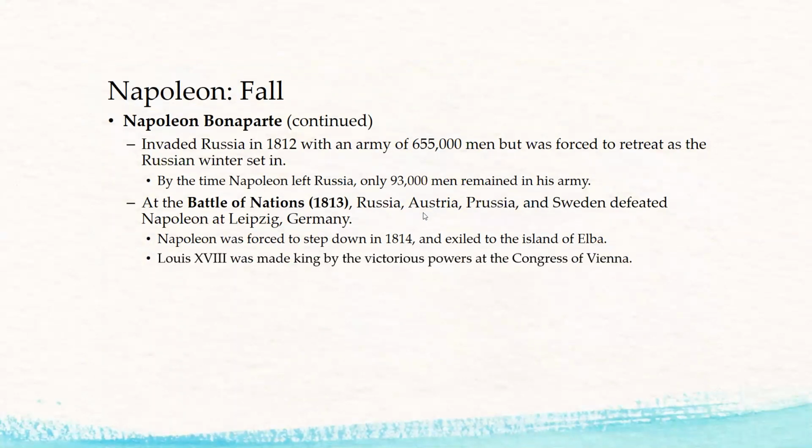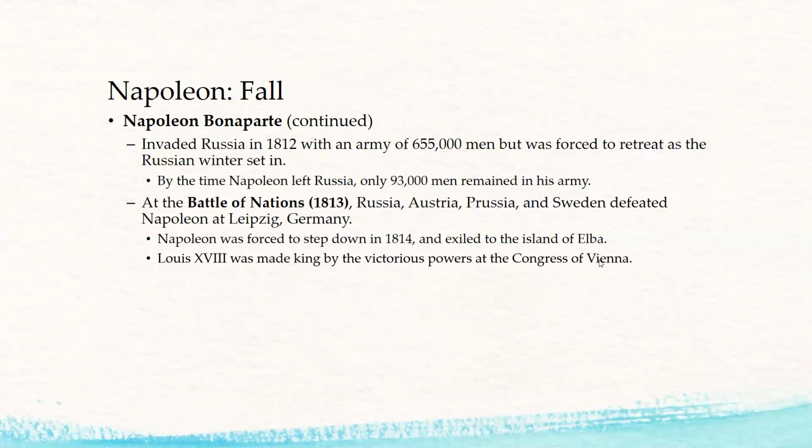And so what really rankled, and this is sort of the final irony of the revolution, Louis XVIII, who was Louis XVI's brother, who had fled France during the revolution, Louis XVIII was made king at the Congress of Vienna. This is where Russia and Britain and Austria and Prussia and all the victorious kingdoms got together and decided how they divided up Europe, basically.